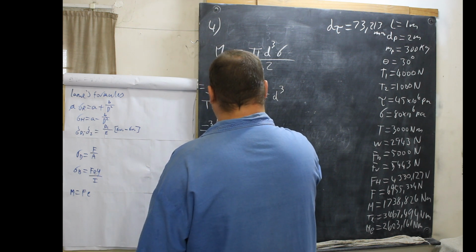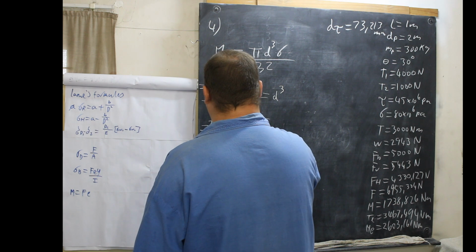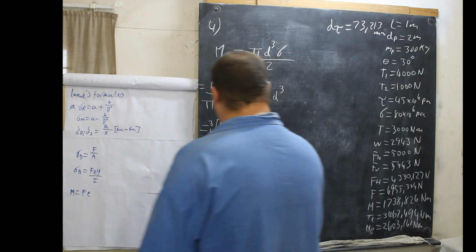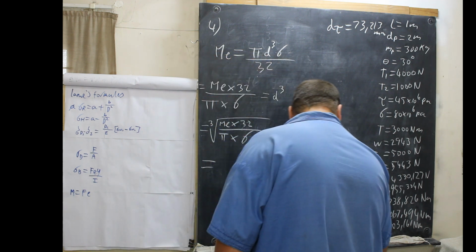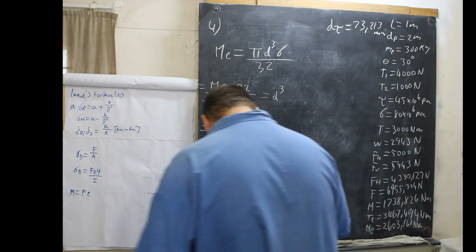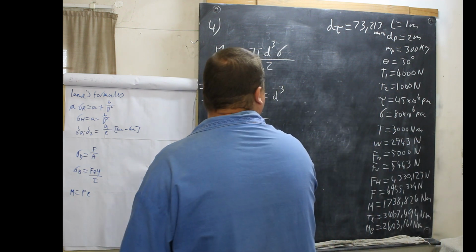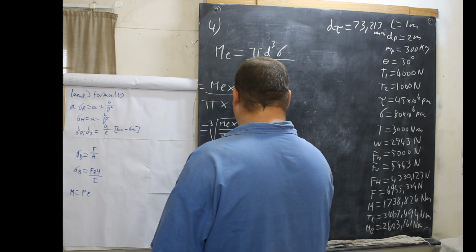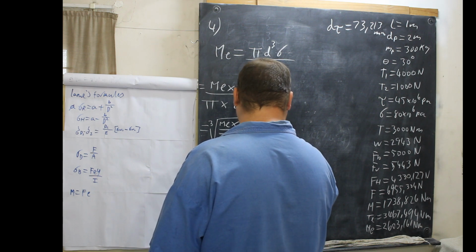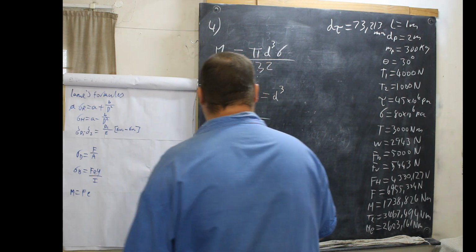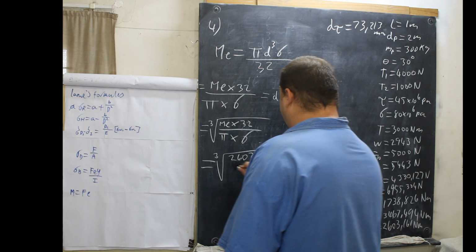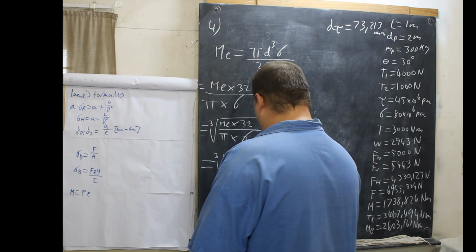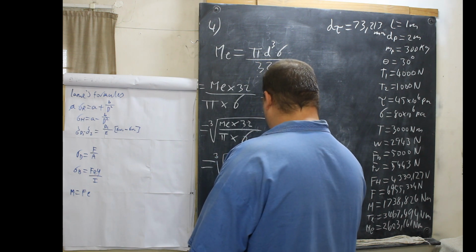Now we put our values in. D is the cube root of 2603,161 times 32 all over pi times 80 times 10 to the 6.